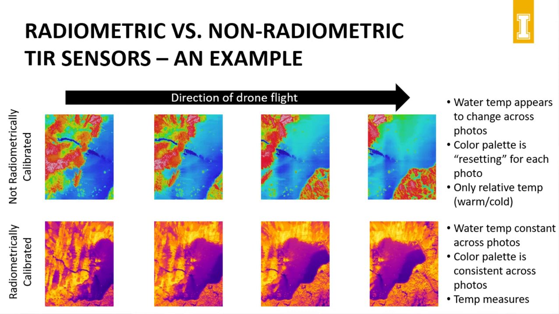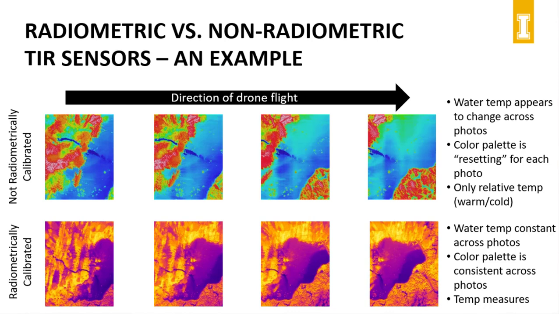You can see, if we start on the picture on the top left, when that picture is taken, the camera assigns the full range of colors available in that color ramp for that photo.